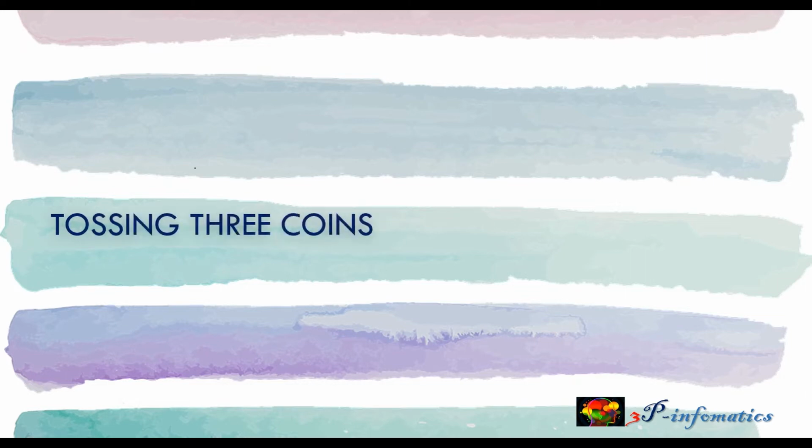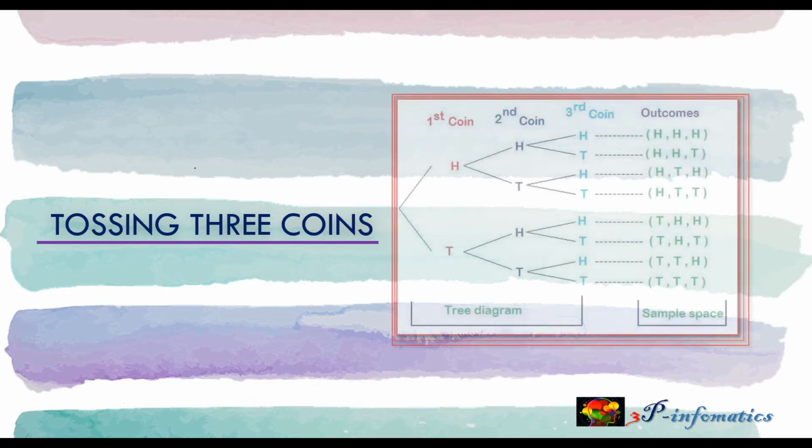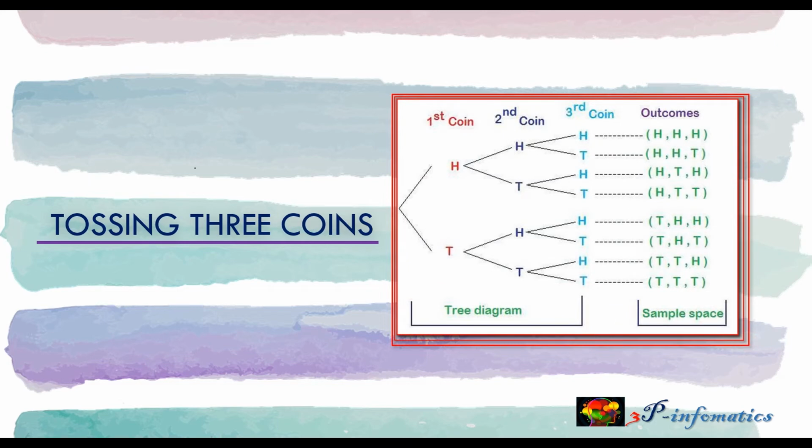Now let us see what happens when 3 coins are tossed simultaneously. The sample space is explained in this manner. Head, head, head. Head, head, tail. Head, tail, head.